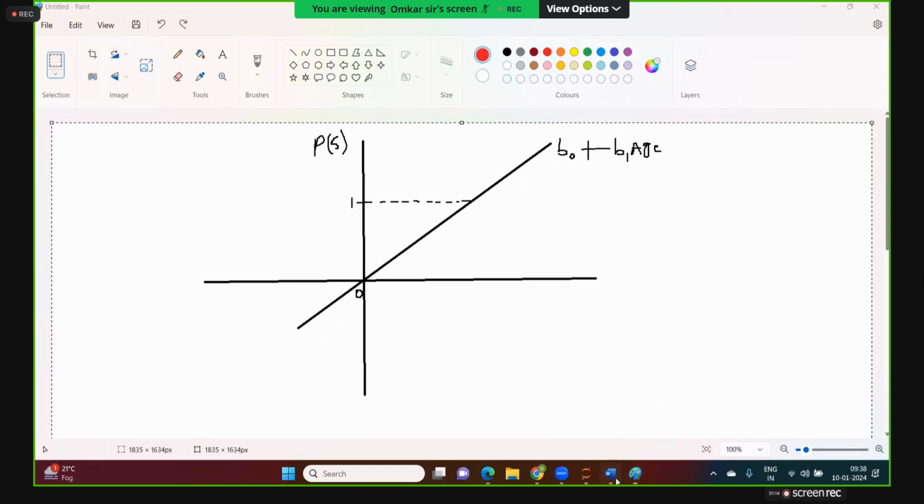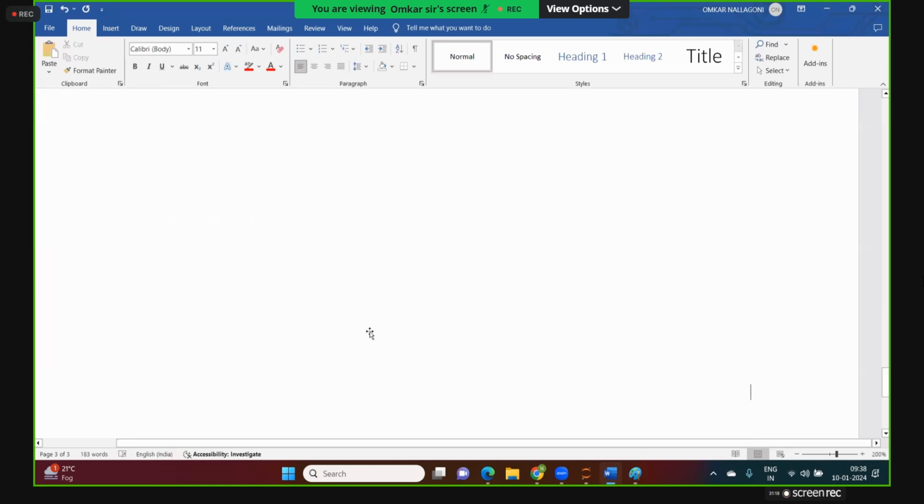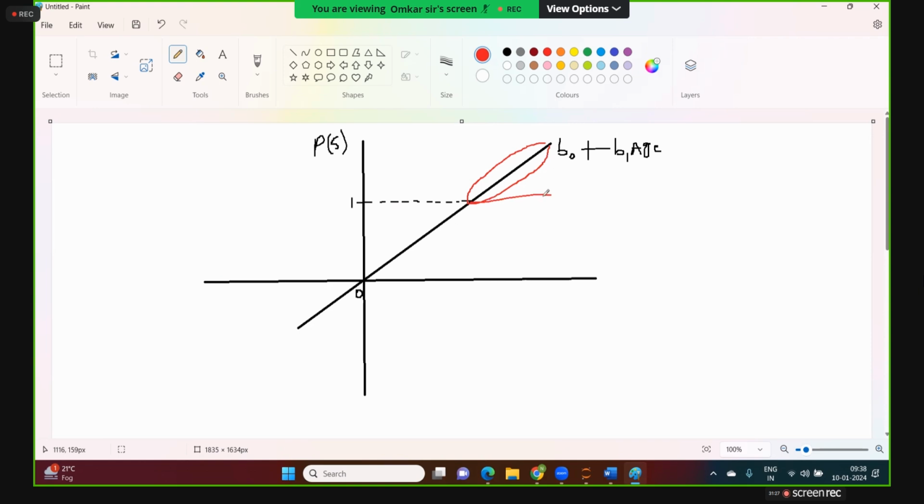Getting my point? Now you want to do that to this part and this part.